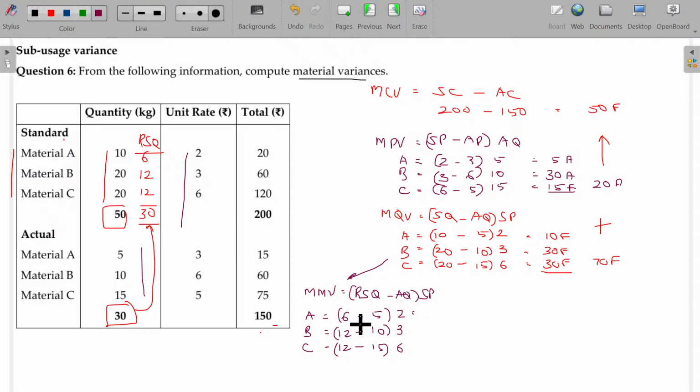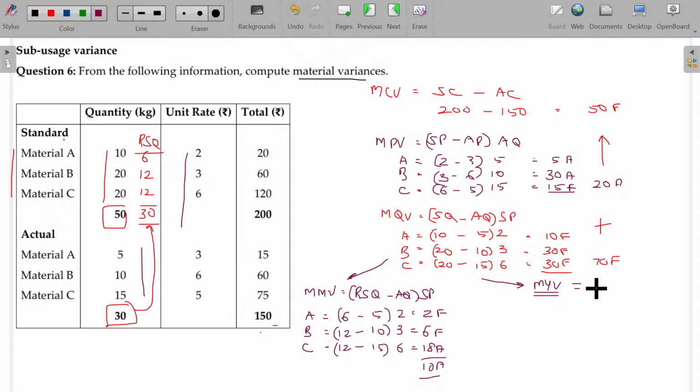So 1 quantity you consume lesser means 2 favorable, 2 lesser 6 favorable, and 3 higher 18 adverse. So ultimate value being 10 adverse. Similarly, next one being material yield variance.